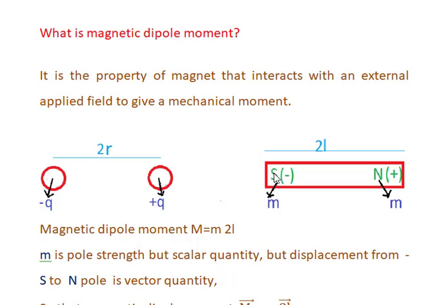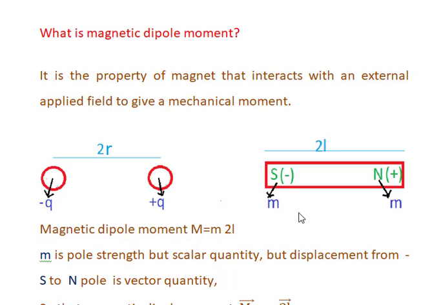Here there is a south pole and a north pole. In this south pole, the pole strength is m. Here also m. Likewise, in electricity, minus Q and plus Q. Here the pole strength is m and m. So m is a scalar quantity.